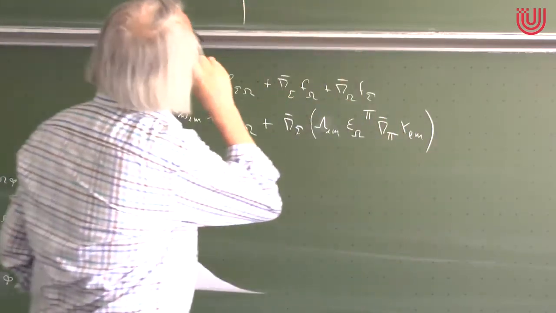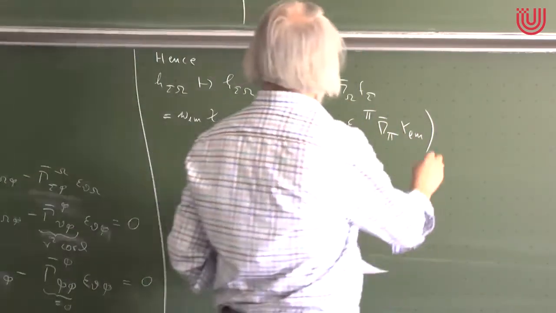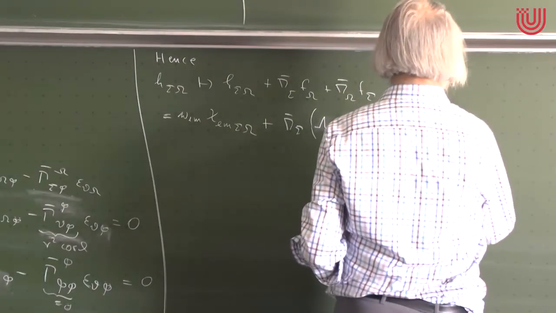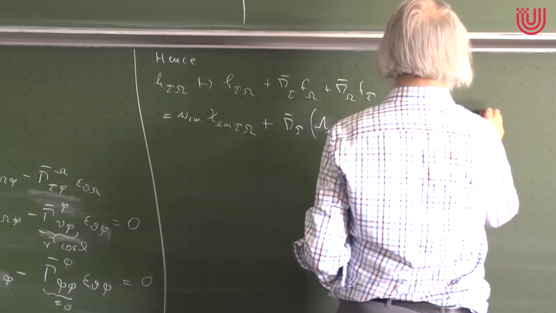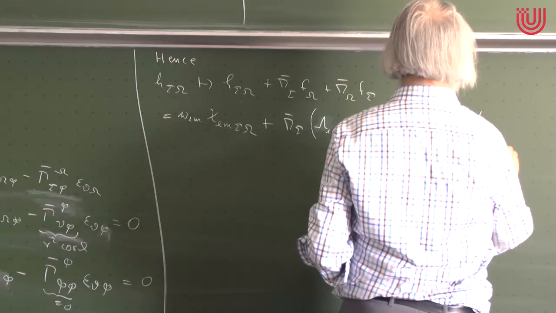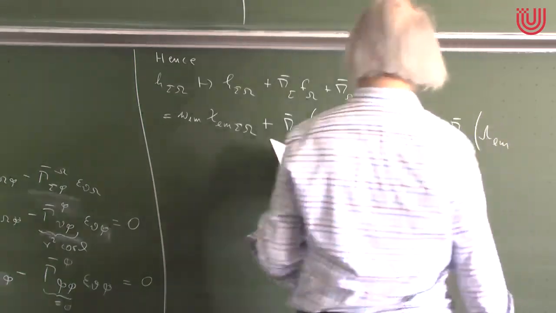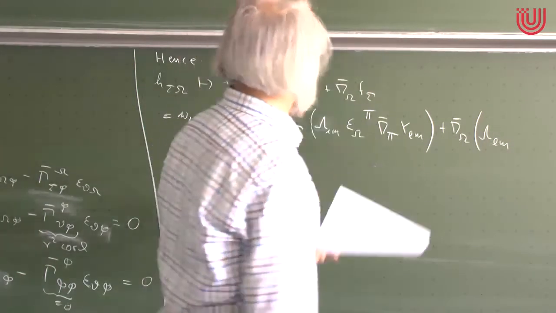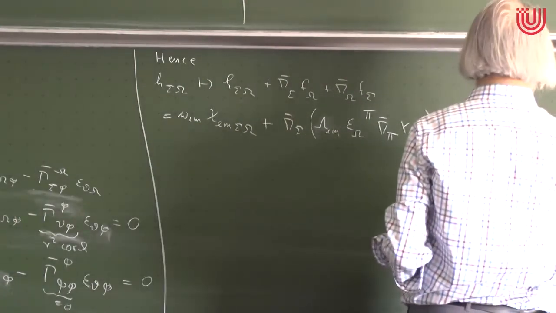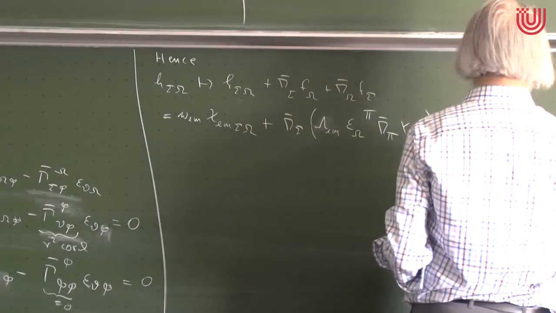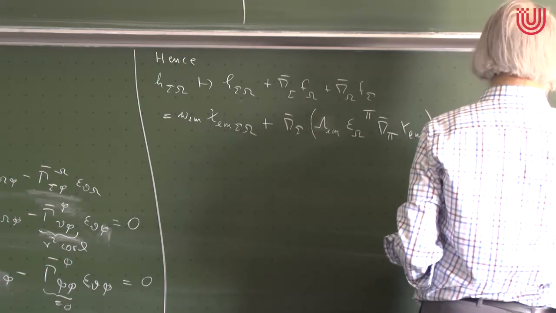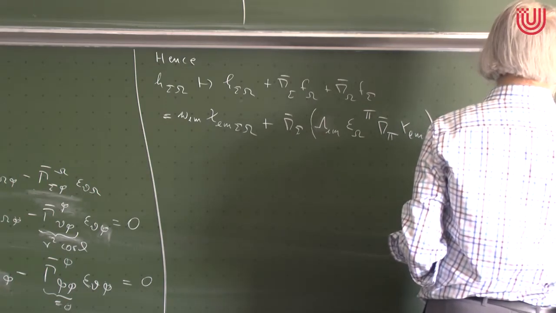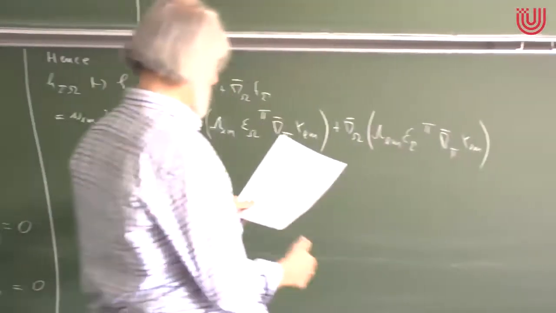Everything under the derivative, plus del bar omega lambda Lm. So the index down is a sigma, pi, del bar pi Y Lm. Okay?